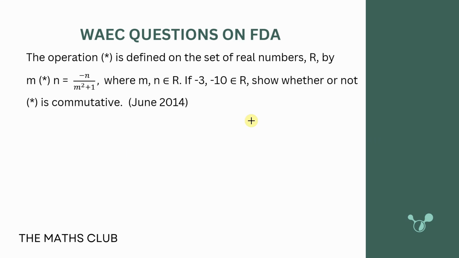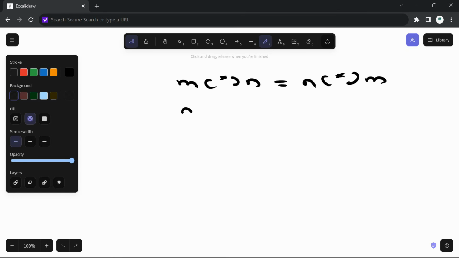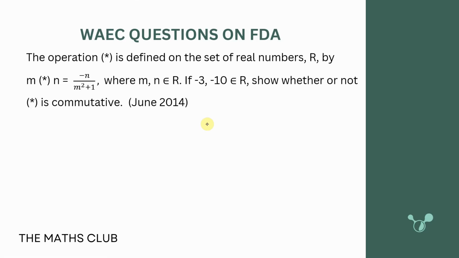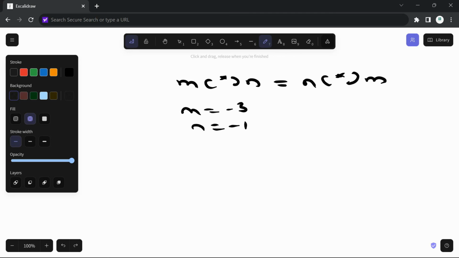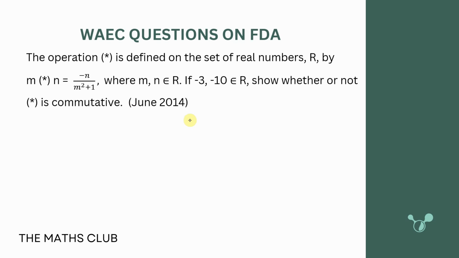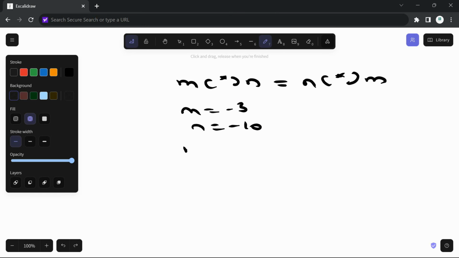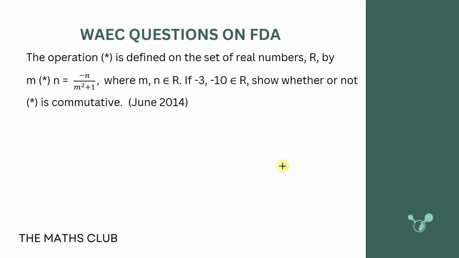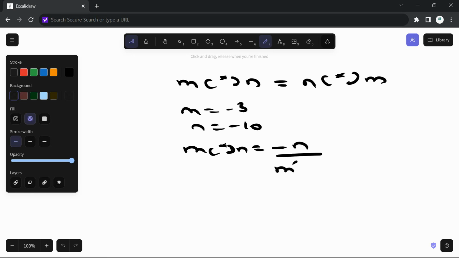So in this case here, our m is minus 3, and then our n is minus 10. So let's do our equation of m star n. It is minus n all over m squared plus 1, right? So it's just saying the negative of the second value, all over the square of the first value plus 1.